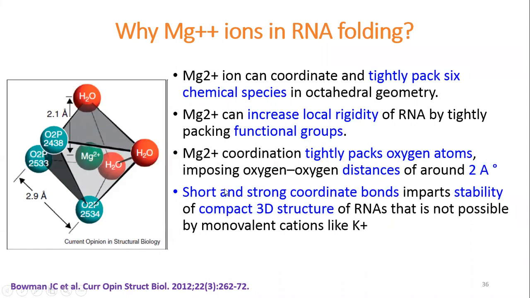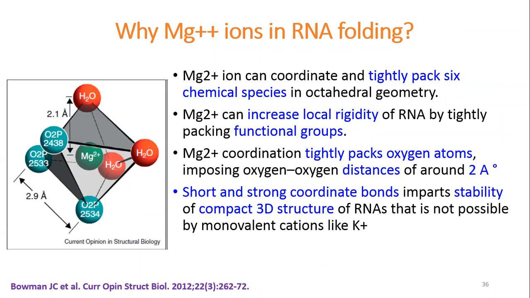The thing is, look, if only monovalent cations like K positive ions are present, they are able to maintain some specific distance between the regions of your secondary structures.